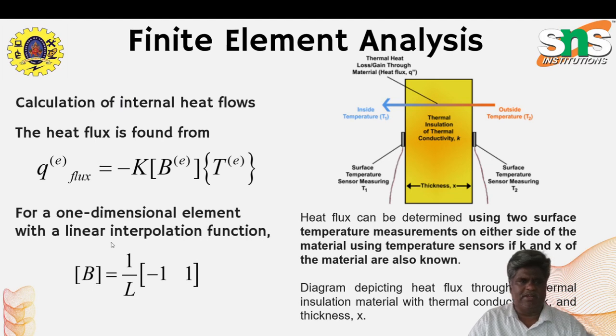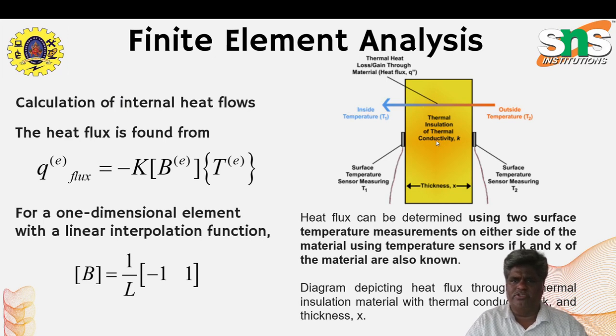For a one-dimensional element with a linear interpolation function, B equals 1 divided by L times the matrix minus 1, 1. The heat flux, how can we validate it? By using an external temperature measuring sensor, we can measure the surface temperatures T1 and T2. We can validate our hand calculation result.